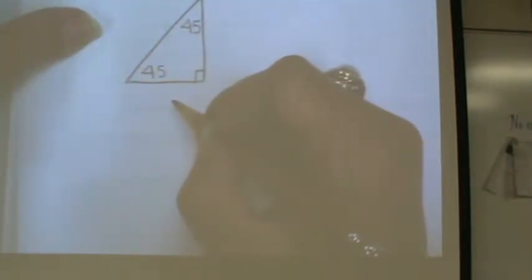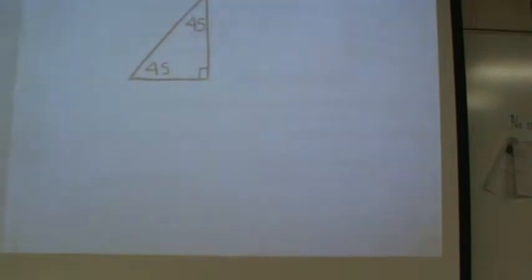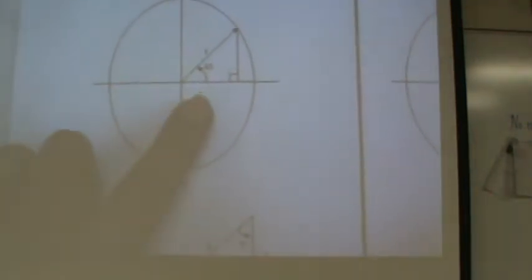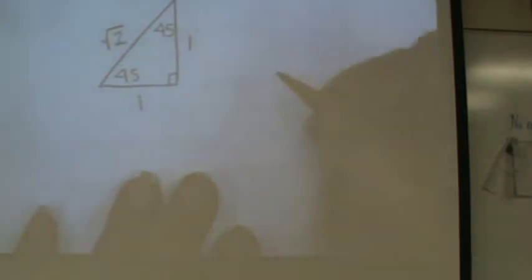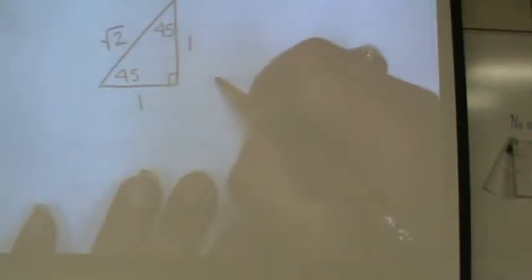We went through the ratios. We did the proof of it. We started off, this is what we did on Friday. We did the sides and we came up with, what were these sides equal to? 1, 1, square root of 2. Remember that? Then we did a 30, 60, 90.